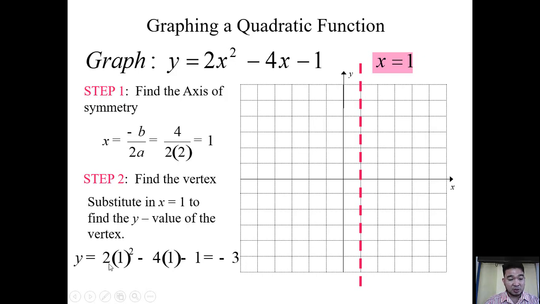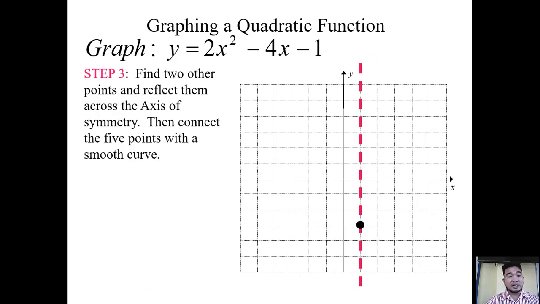So that's 2. Minus 4 times 1 is 4, minus 1. So you have 2 minus 4 is equal to negative 2. Minus 1 is negative 3. So our vertex is at 1, negative 3. There is 1, negative 3. So 1, then negative 1, negative 2, negative 3. Here is our vertex.